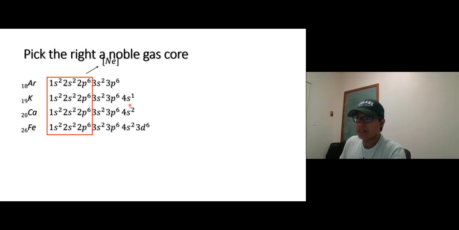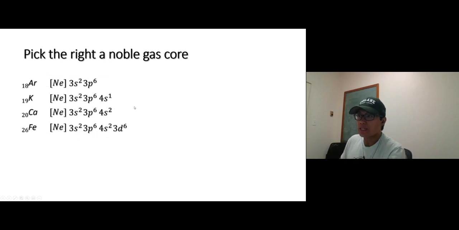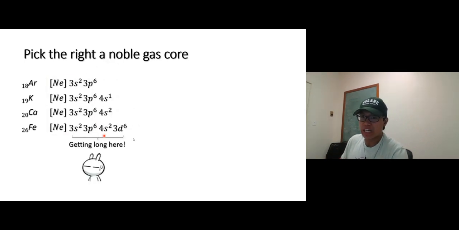And this right here does not represent the valence electrons of potassium anymore. The valence electron of potassium is just 4s1, and the valence electrons of calcium are just 4s2, right? So we try to shorten the electron configuration even further. Using just neon starts getting redundant now, getting longer.